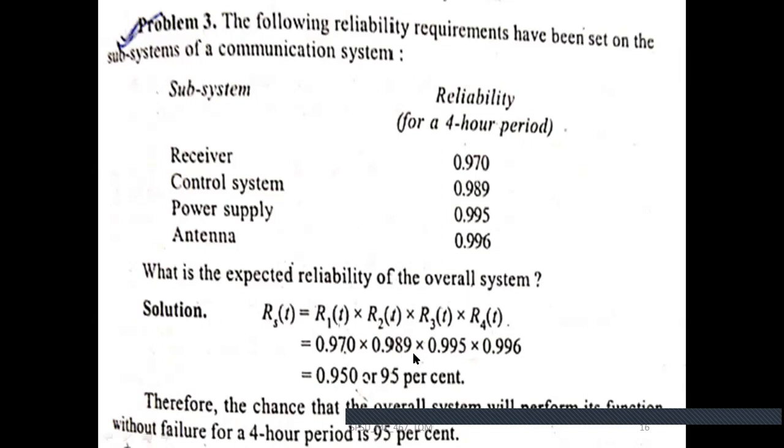So we put all the values here, and the total reliability of the series system is 0.95, or in percentage 95 percent. Therefore the chance that the overall system will perform its function without failure for a 4-hour period is 95%.